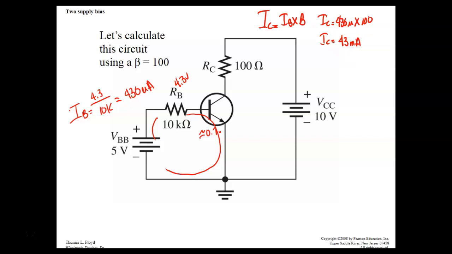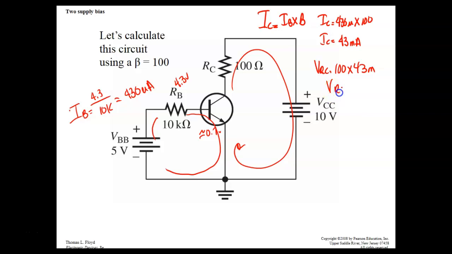Okay, now I know IC. Now we're over here on this loop. I know IC is 43 milliamps. I know the size of RC. So VRC is going to be equal to 100 ohms times 43 milli.